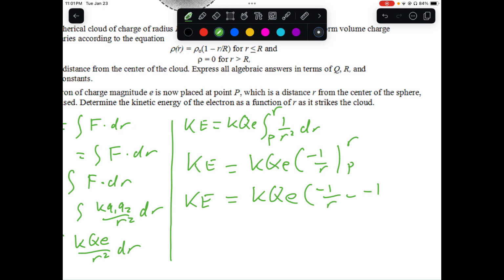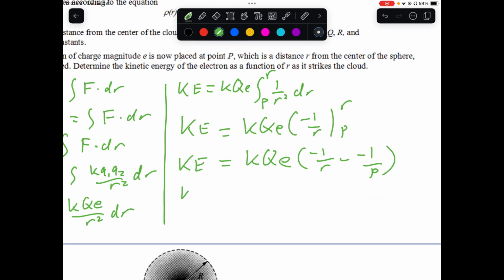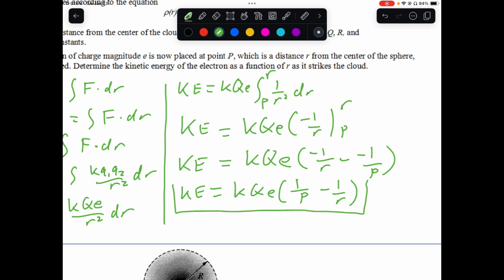Excuse me, so negative 1 over r minus 1 over P. Geez, what a mess. Then that gets me KE equal to K Q e, and let's just flip that over. So that would be negative 1 over P, and then minus 1 over r. So this is the answer for the kinetic energy that it has.